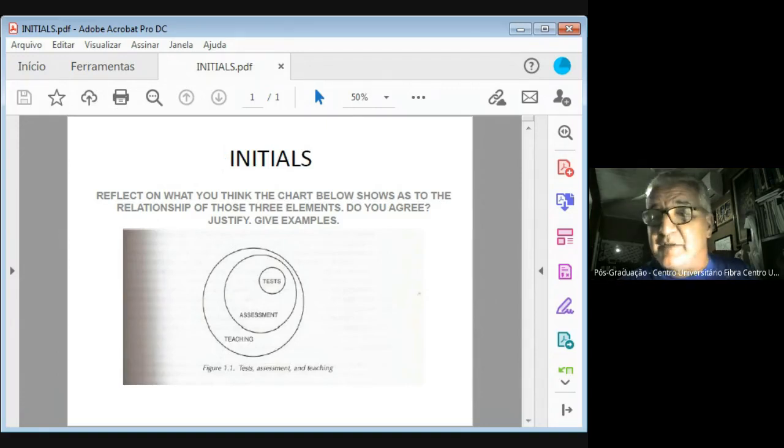If there is a negative response, you say, oh, okay, bye-bye. The line has to move ahead. Isn't that correct? That is assessment and evaluation.